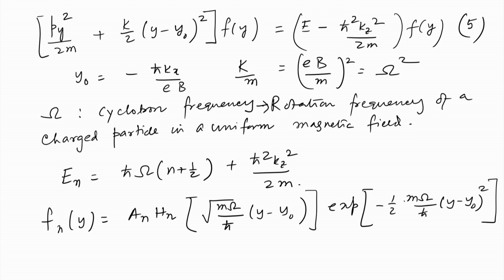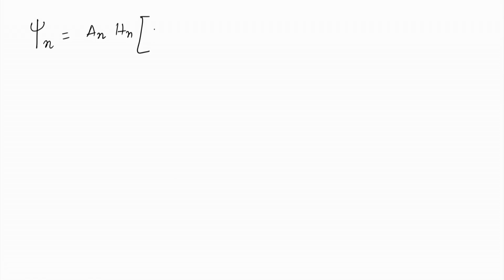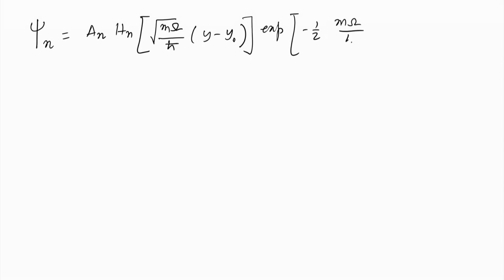If you want to write down the full wave function, we keep an undetermined constant a n here, which can be determined by normalization. The full wave function has the Hermite polynomial of root over m omega by h cross y minus y 0, times exponential minus half m omega by h cross y minus y 0 square, plus i k x x plus i k z z.